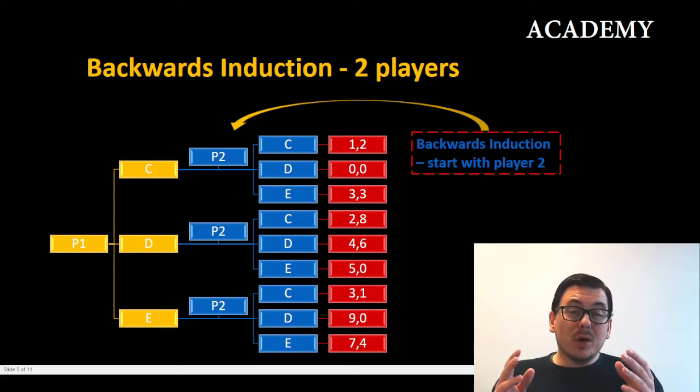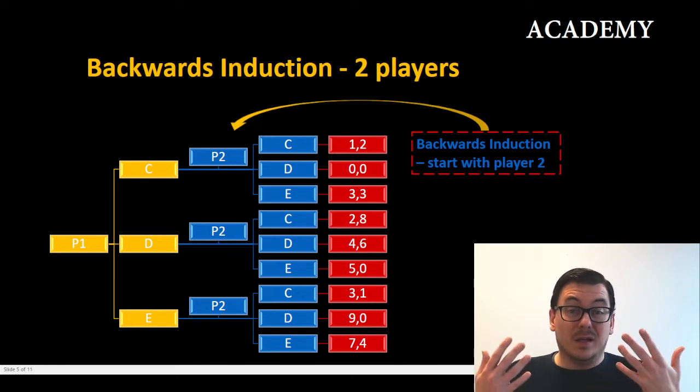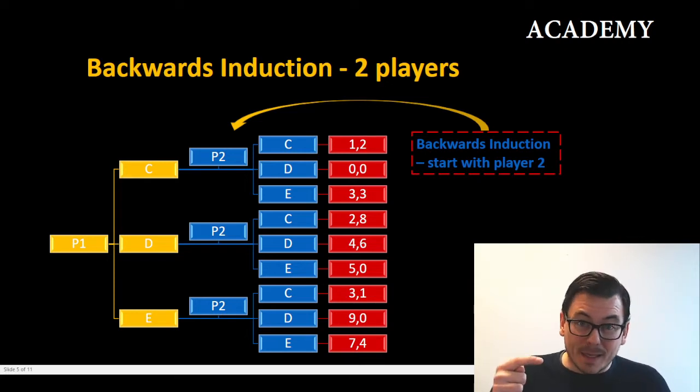So I put up here an extensive form game. It has imperfect information, which means that when player 2 has to make a choice, it is not clear what player 1 has already chosen. So backwards induction, we start from the back.